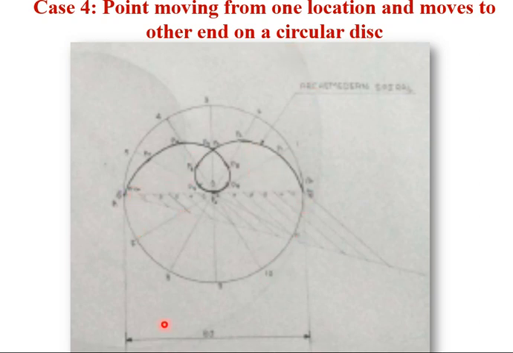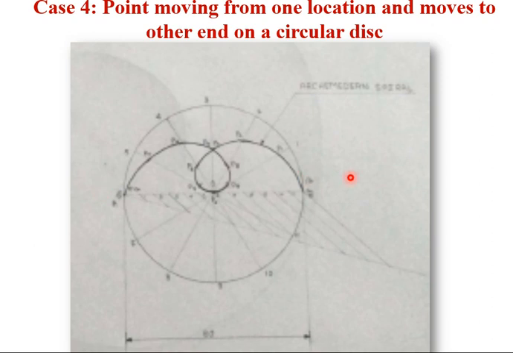So here also the same thing. There is an 80 millimeter diameter disc, whatever problem she has considered. So as the diameter of the disc is 80 millimeter, draw a circle of 40 millimeter radius. Now here divide this circle again, as it has been assumed that the point is moving from this to this. You can assume from this to this also. She has assumed the point is moving from this to this.